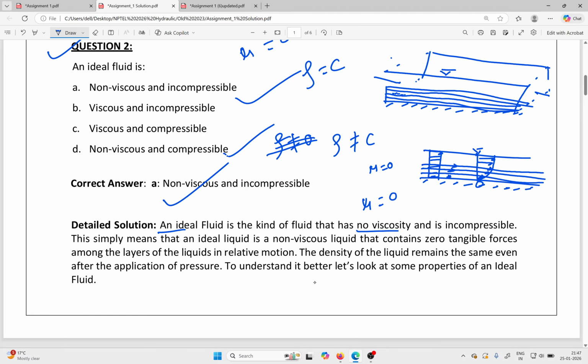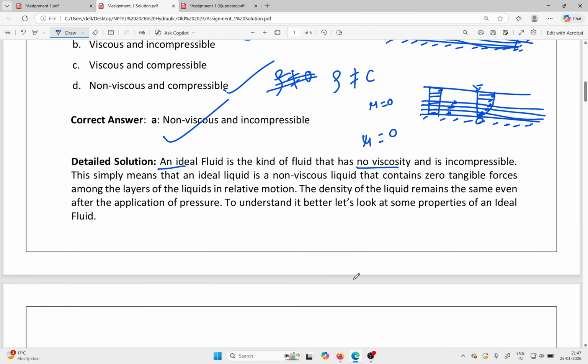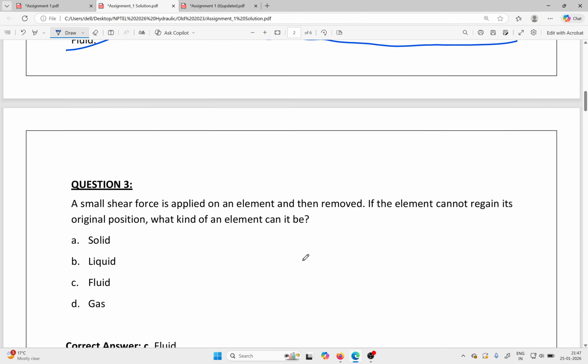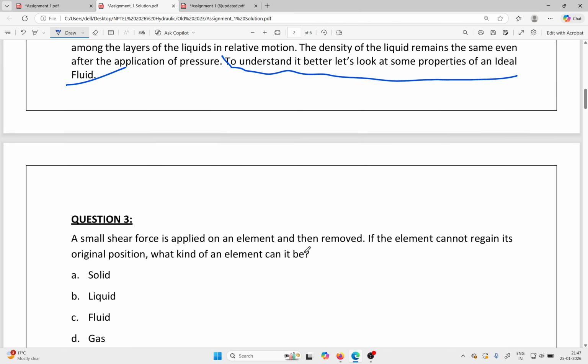To understand it better, let's look at some properties of an ideal fluid. Okay, here it is not explained, only the statement is written. So now let us move on to the next question.